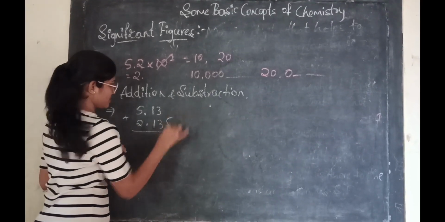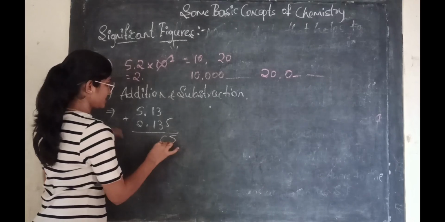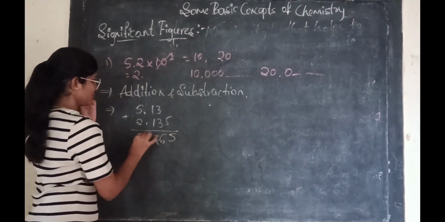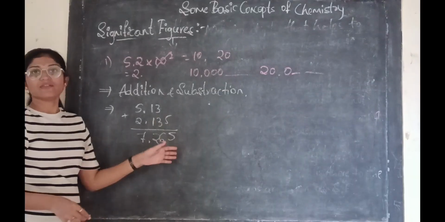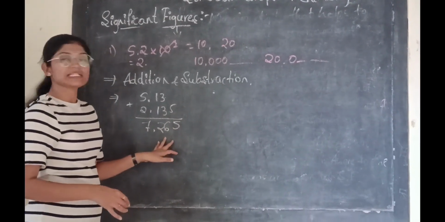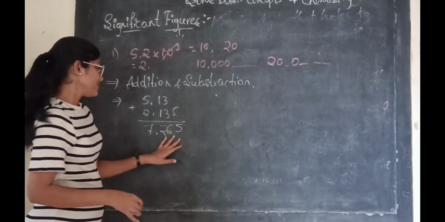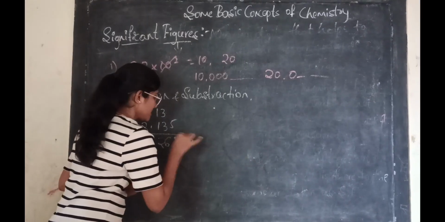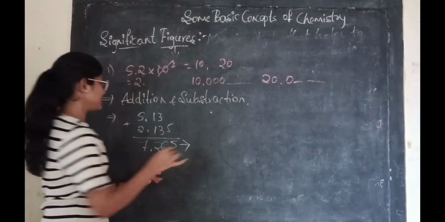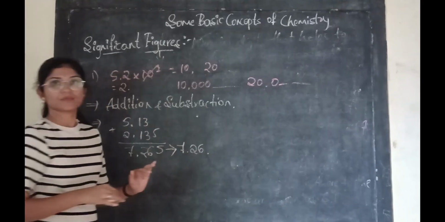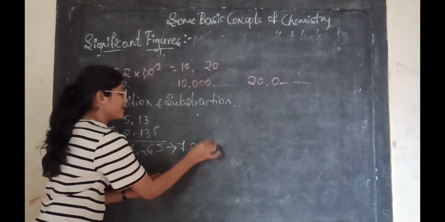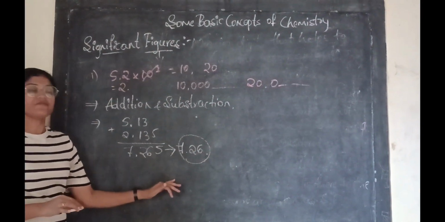Add these two numbers and you get 7.265. We should write this as 7.26 in significant figures.